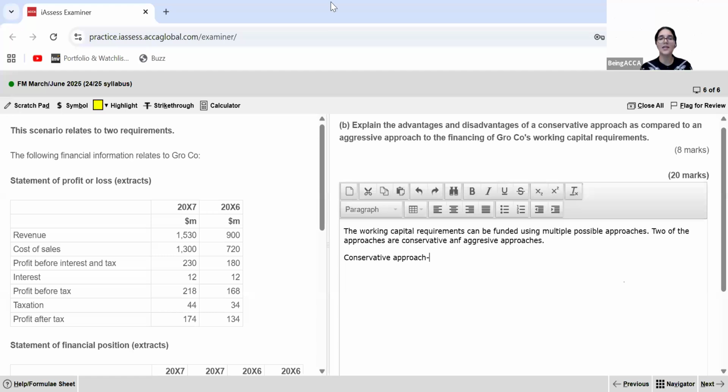So, as the name itself suggests, this approach is conservative. We take lesser risk. You people, let me know, when it comes to financing my working capital requirements, there are two sorts of current assets. What are those two sorts of current assets?